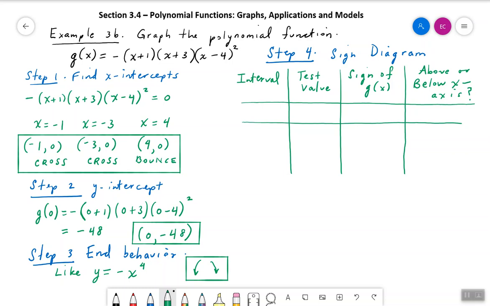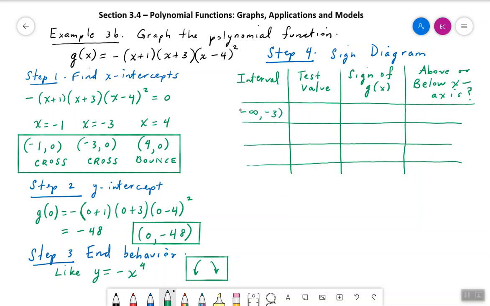Let's see here. We have 3 x-intercepts, so we're going to use those to form our intervals, right? That's where the sign of the function can change, is at an x-intercept. And so if there are 3 x-intercepts, then there will wind up being 4 intervals. We're trying to account for the entire domain of the function, which is all real numbers. So we need to start from negative infinity and go up to the first x-intercept, which is at negative 3.